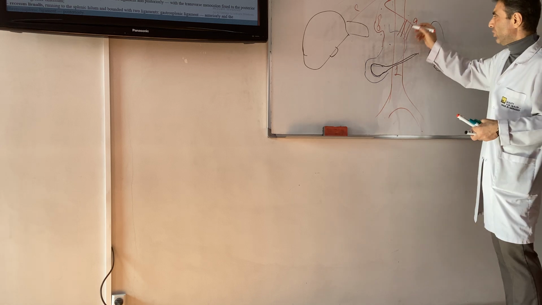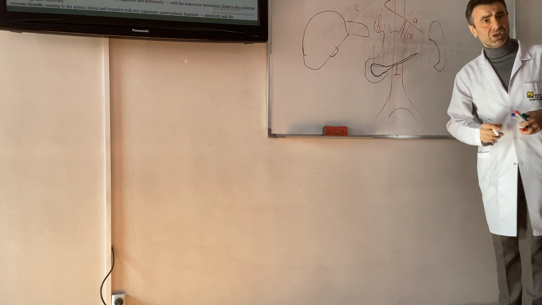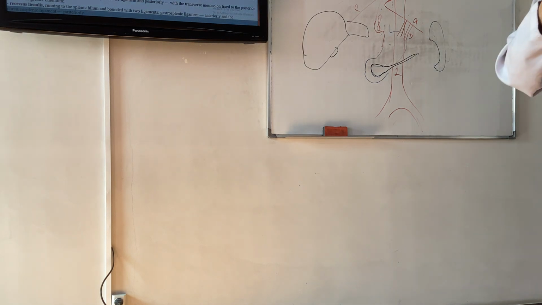Let's name all these small branches the third arteries and call them short gastric arteries, arteriae gastricae breves. Let's say A, B, C are the branches of the truncus coeliacus. All other arteries I will name by numbers, not by letters.